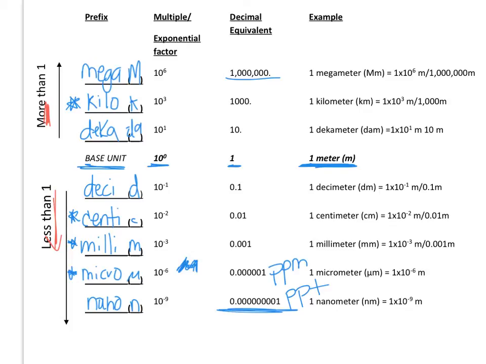And let me change my ink color here. So it goes King Henry. Oh, we left out, okay, Henry. That's for hecto. I'm going to put that here. That's not one that's used a lot either, but you need to remember that one. I skipped over it.